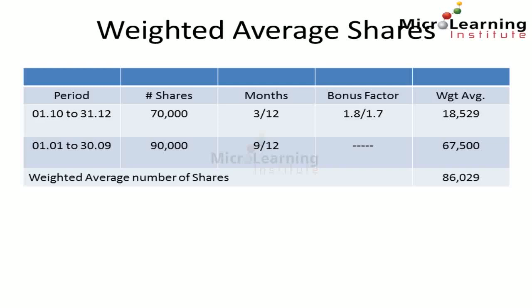The time-weighted average number of shares for the year is the sum of the 18.529 million and the 67.5 million, which is 86.029 million. And this value is critical to the calculation of basic earnings per share.